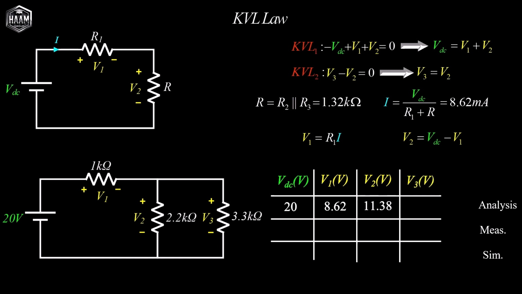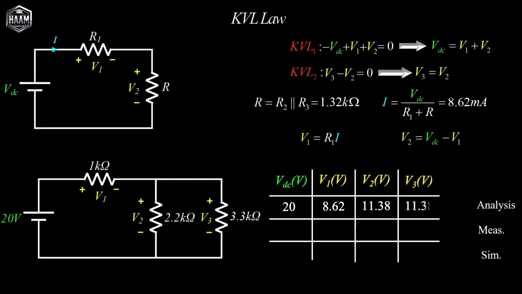Since V2 is equal to V3, we have the same value. Now we want to measure these values experimentally. It's enough to build the circuit, set the multimeter to voltage measurement mode, and connect it in parallel with each resistor individually.